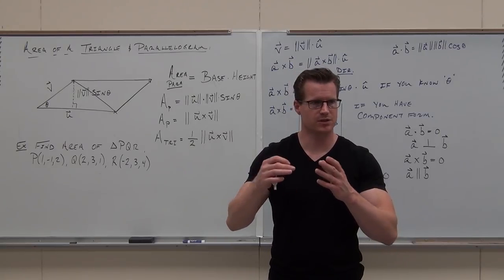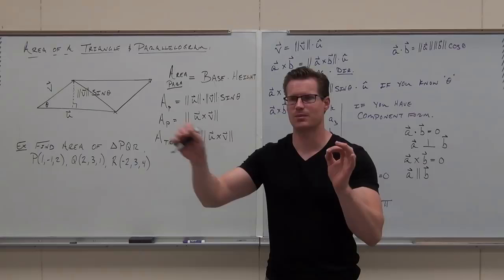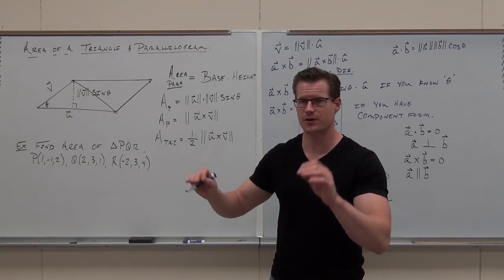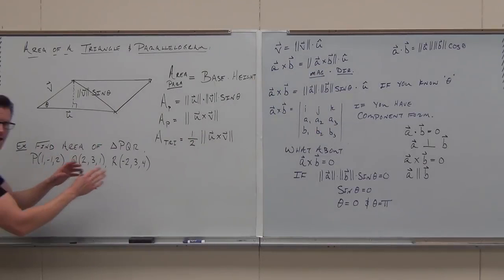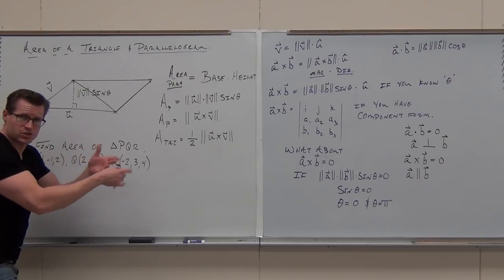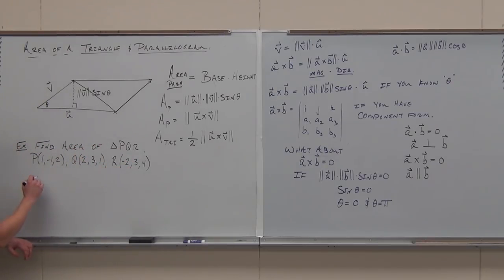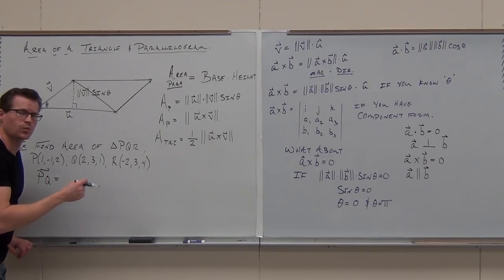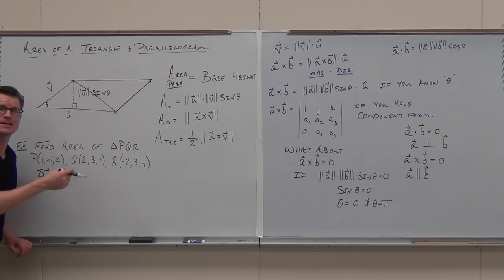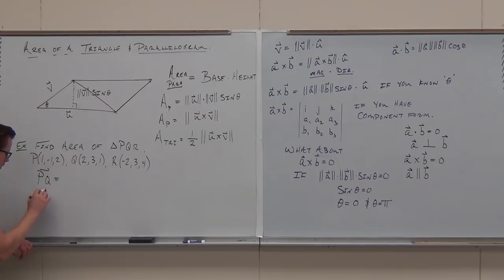So when you start with one letter, keep starting with that same letter until you exhaust all the vectors. It doesn't matter what letter you start with, just start with the same letter. So I would start with PQ, and then the next vector I'm finding is what? PR, not QR, PR.